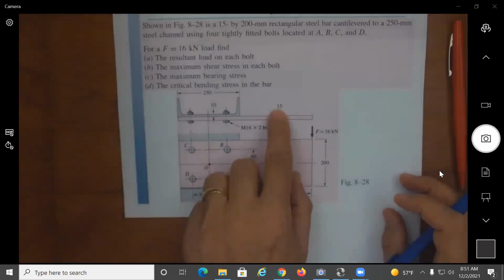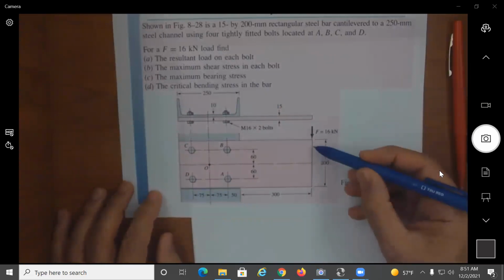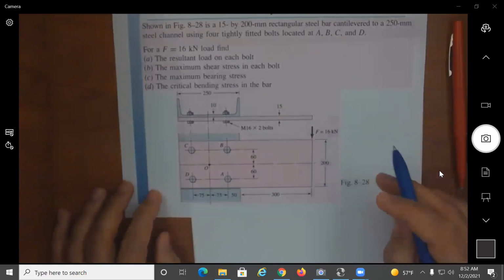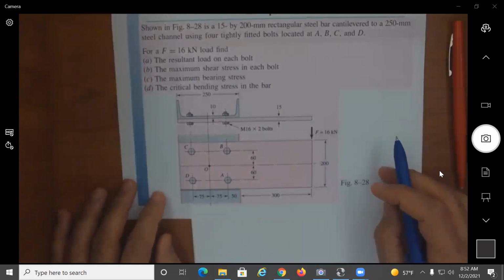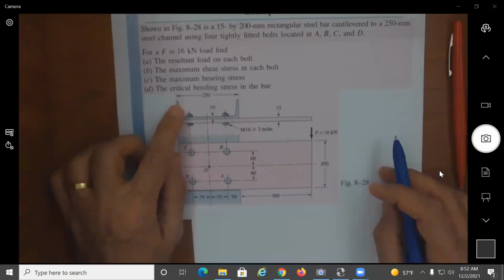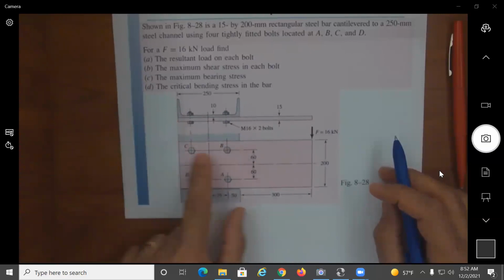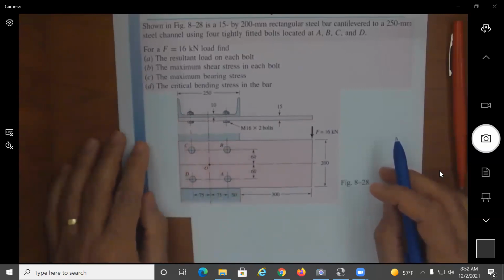So I have here a 15, this is the thickness, by 200 millimeter rectangular. So this is 200. And this is a rectangular steel bar cantilevered to a 250 millimeter steel channel using 4 tightly fitted bolts located at A, B, C, and D.